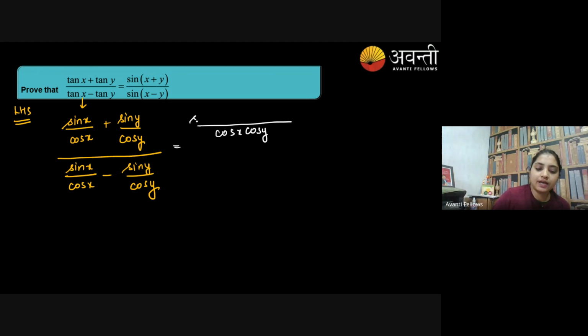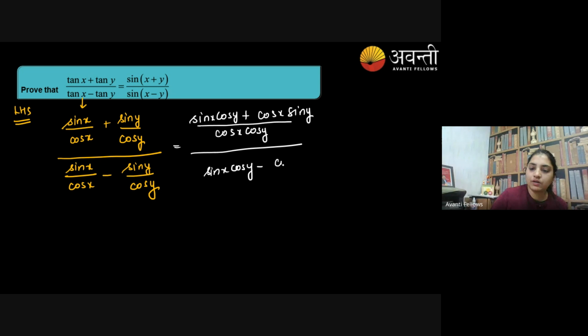You will get sin x cos y plus cos x sin y divided by sin x cos y minus cos x sin y, and that must be divided by cos x cos y. How many of you agree? Great. So cos x cos y cancelled.